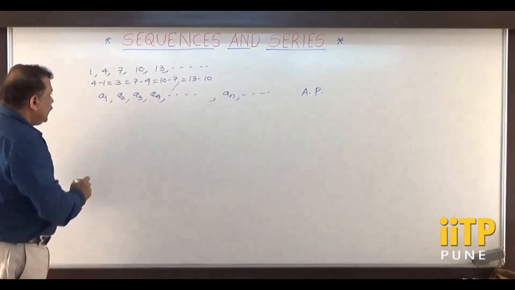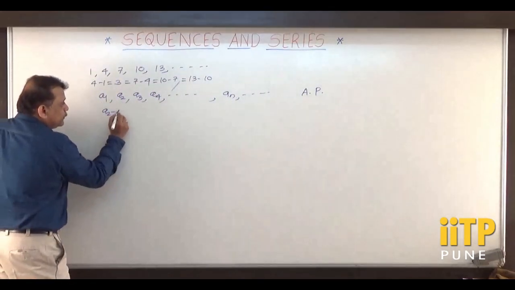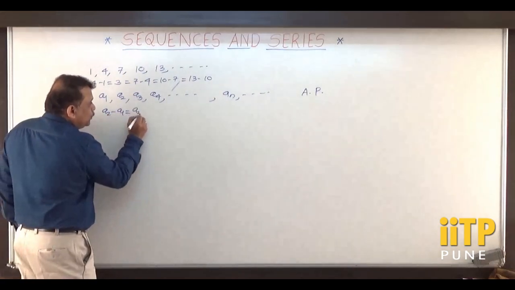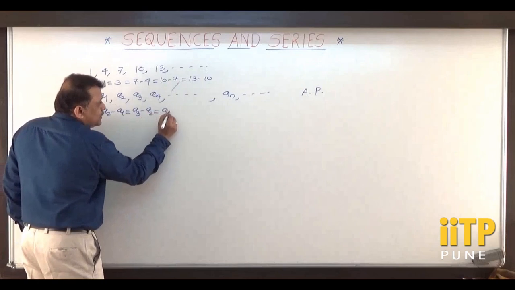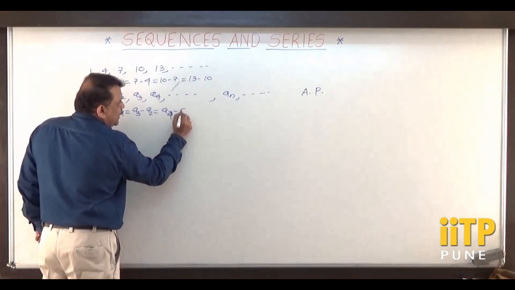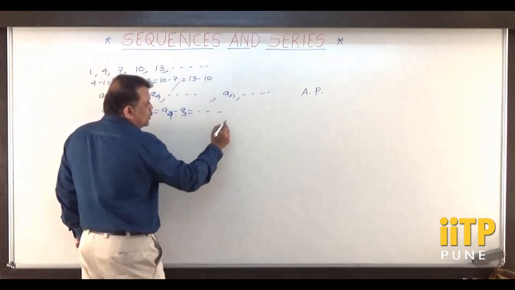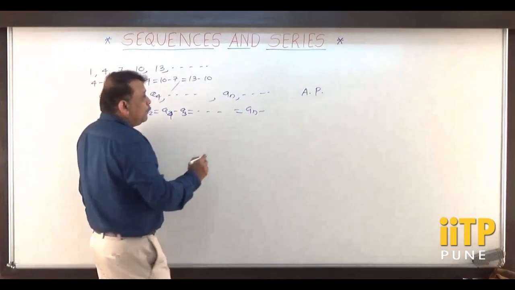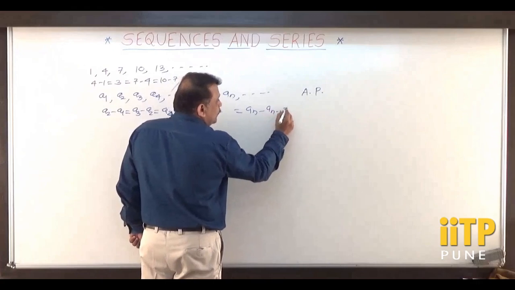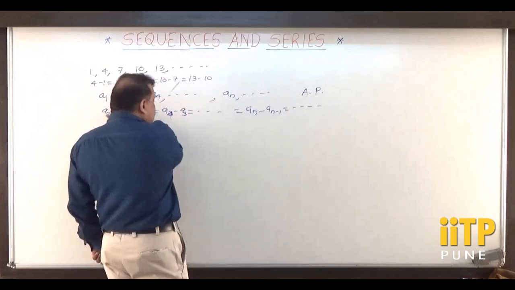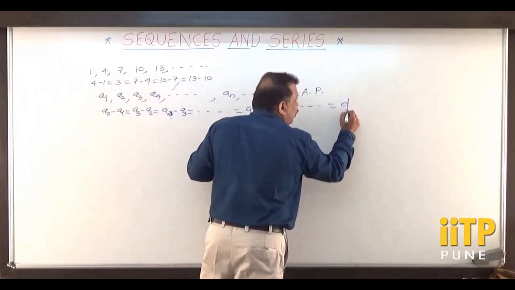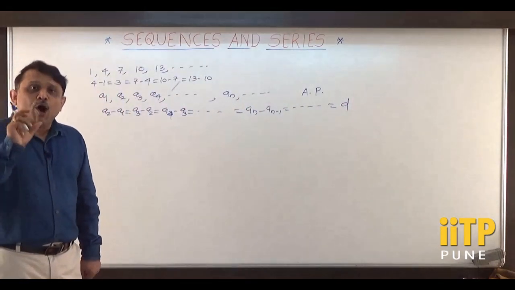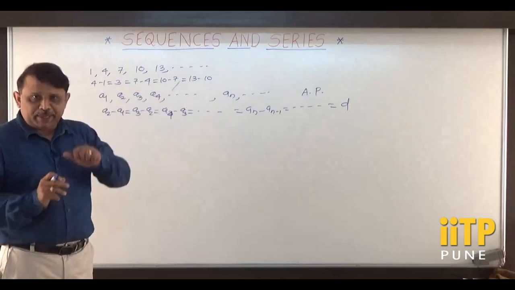If A2 minus A1 is the same as A3 minus A2, is the same as A4 minus A3, is the same as ... an minus its preceding term, what is that? An minus 1. This continues, and this difference is constant throughout. Let us denote it by D, called the common difference of this AP.